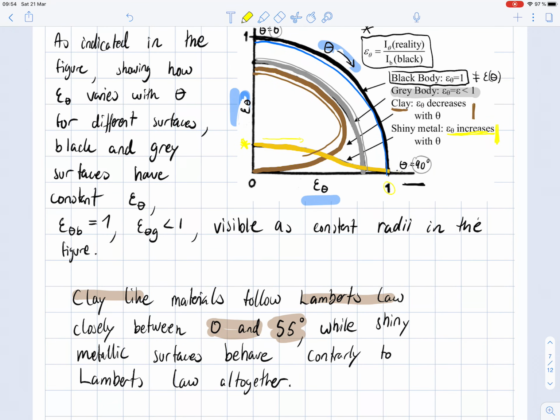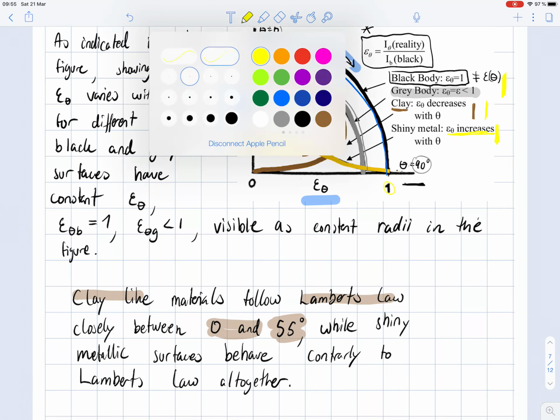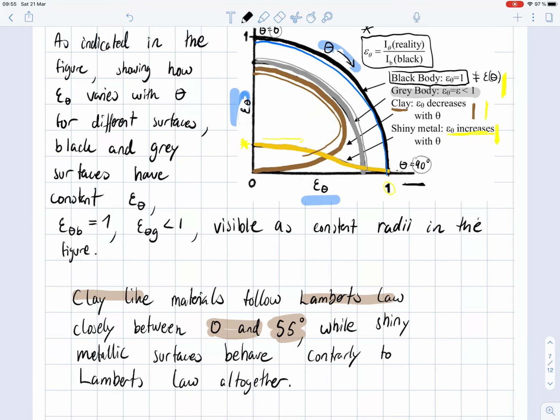So the most important point here is that different materials behave differently. For black and gray bodies, Lambert's law works perfectly fine, while for clay materials, like refractory bricks, for example, we will be able to use Lambert's law up until some limit, while for shiny metallic surfaces that are non-diffuse, it's not working at all.